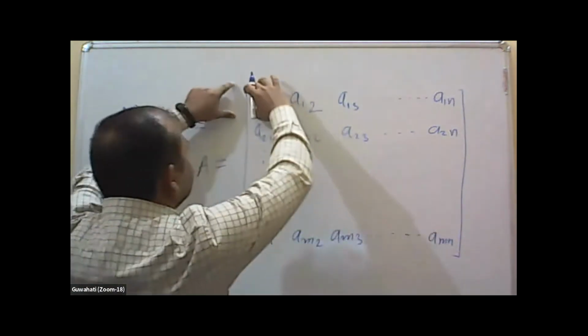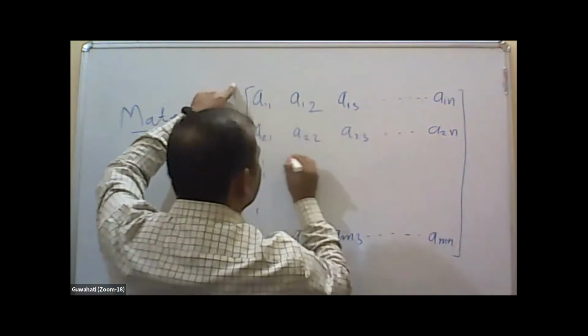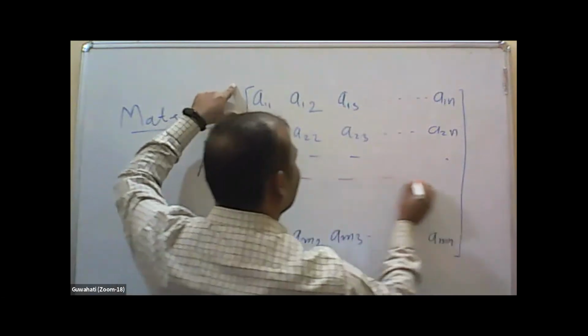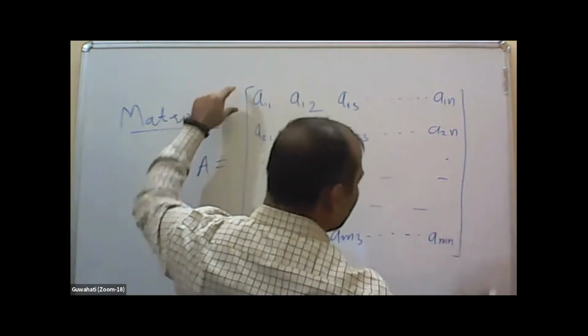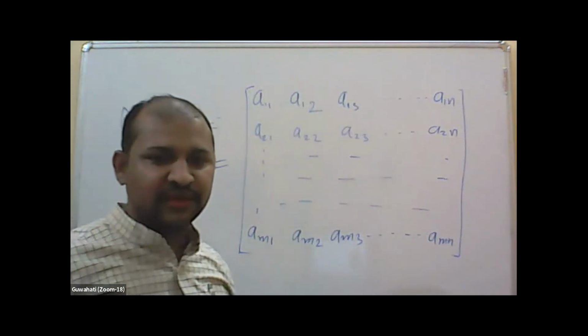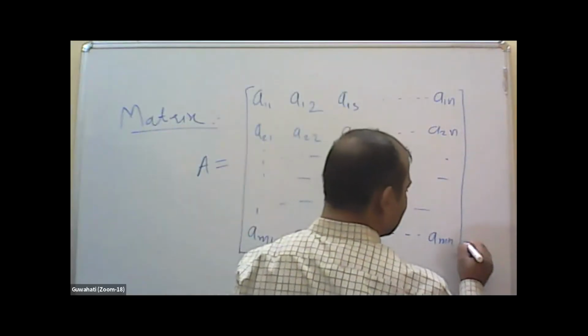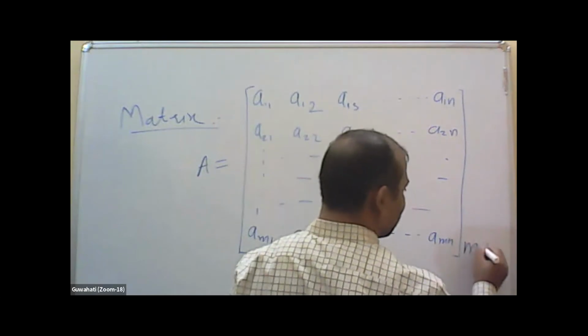These horizontal lines we are calling rows. So how many rows are here? M rows. So generally I will write here M cross.